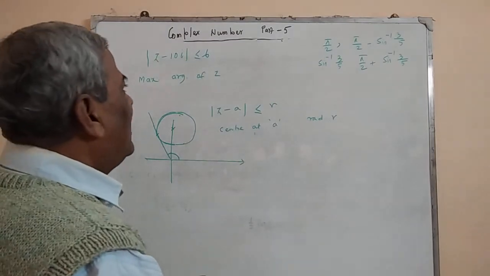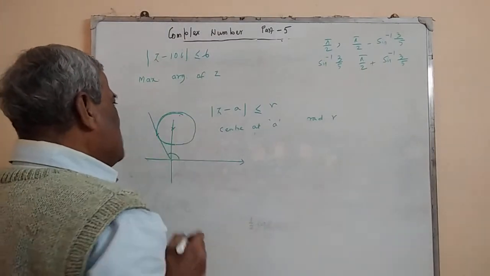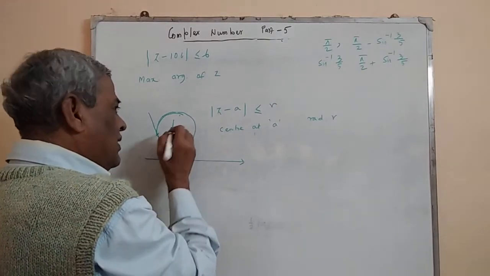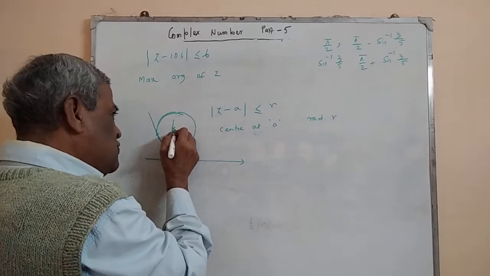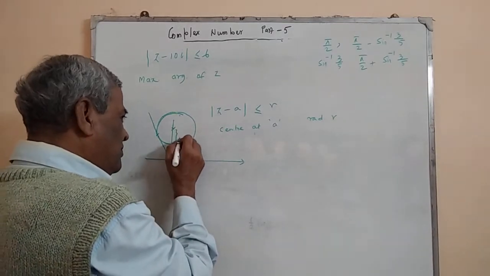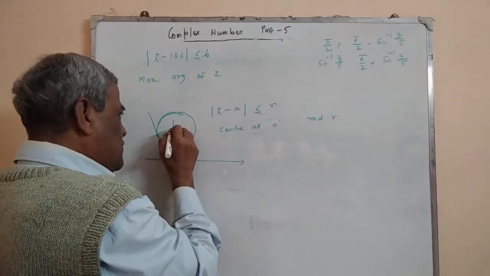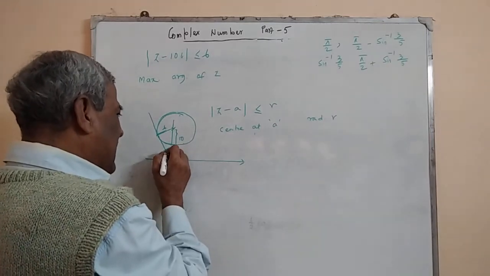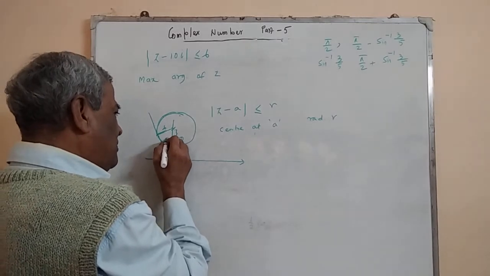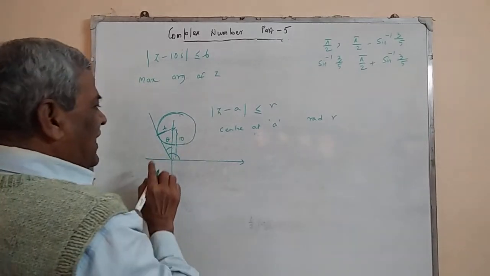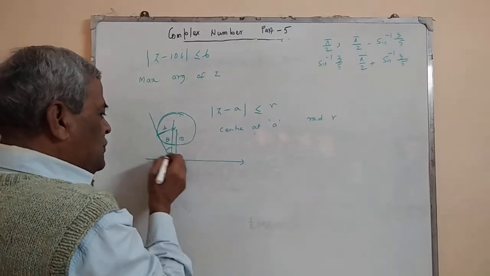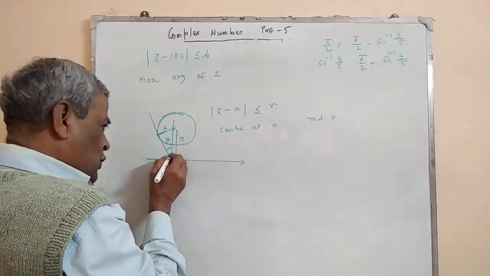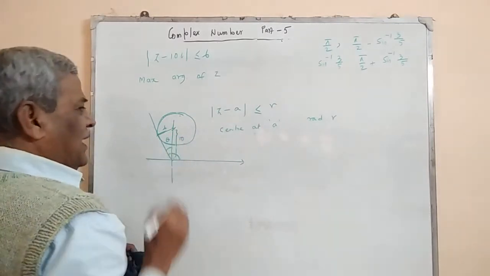Now clearly this represents a circle. This is 10i, so that length is 10. This is 6. If that angle is theta, I can say the maximum argument of Z is pi by 2 plus angle theta.